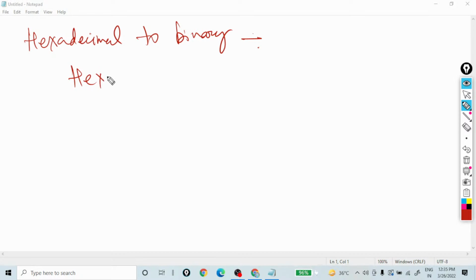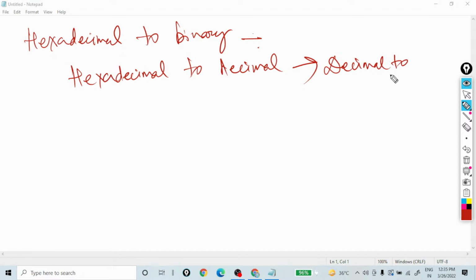First convert hexadecimal to decimal, then convert decimal to binary, right? For example, 1000 hexadecimal. What will be in the binary system?